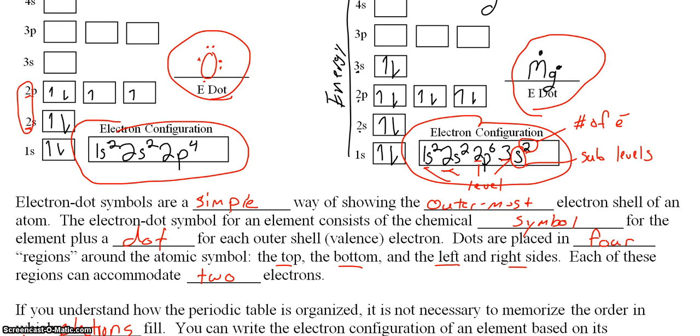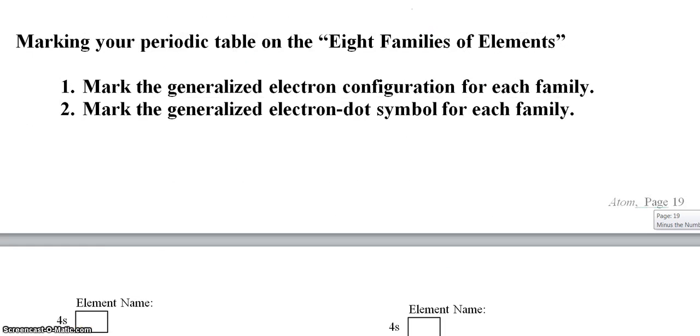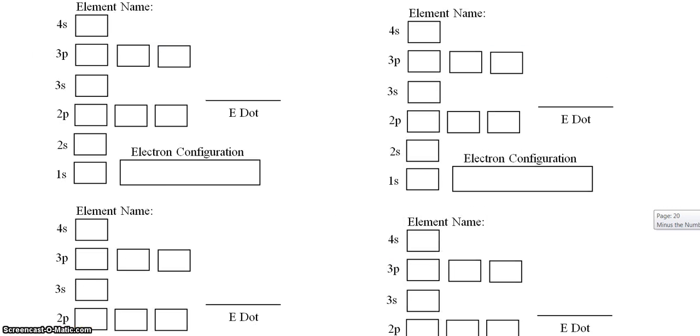What I'd like each of you to do is turn the page of your lab book, and you have different ones to practice here. So I'd like you to try to do potassium. Then I'd like you to try to do helium. Then argon.